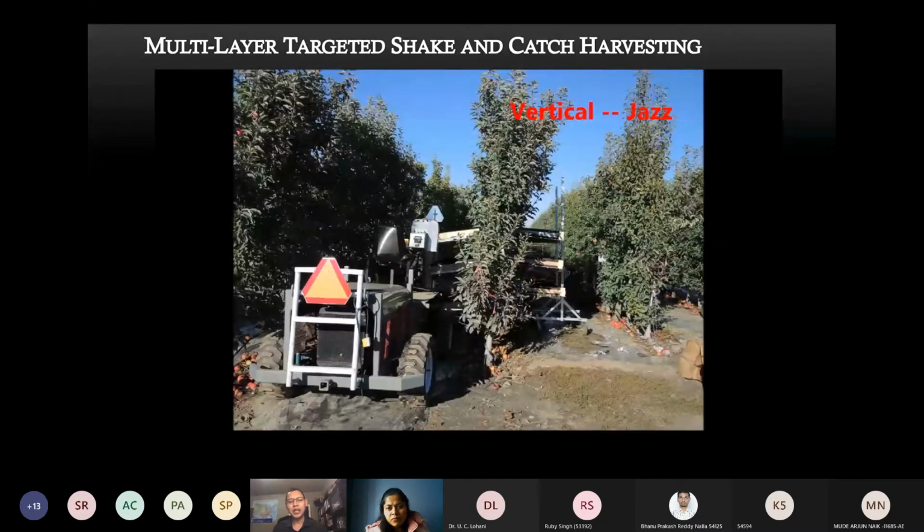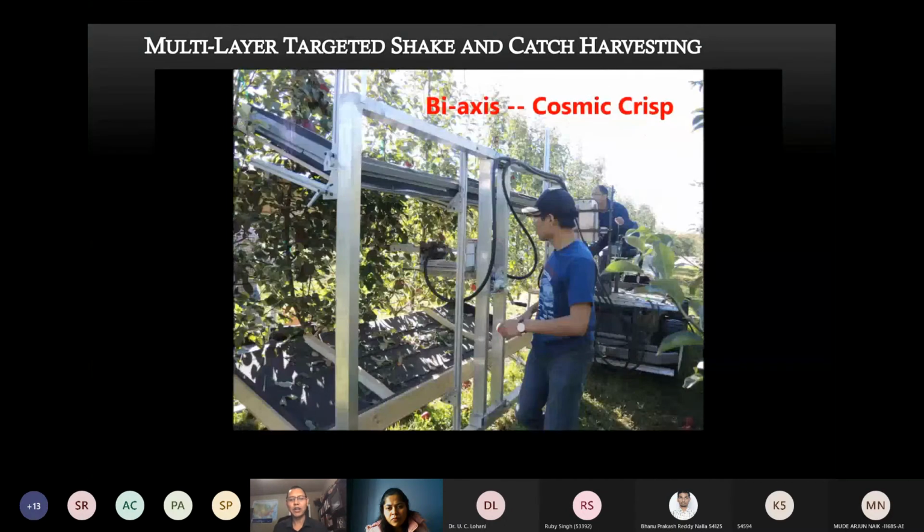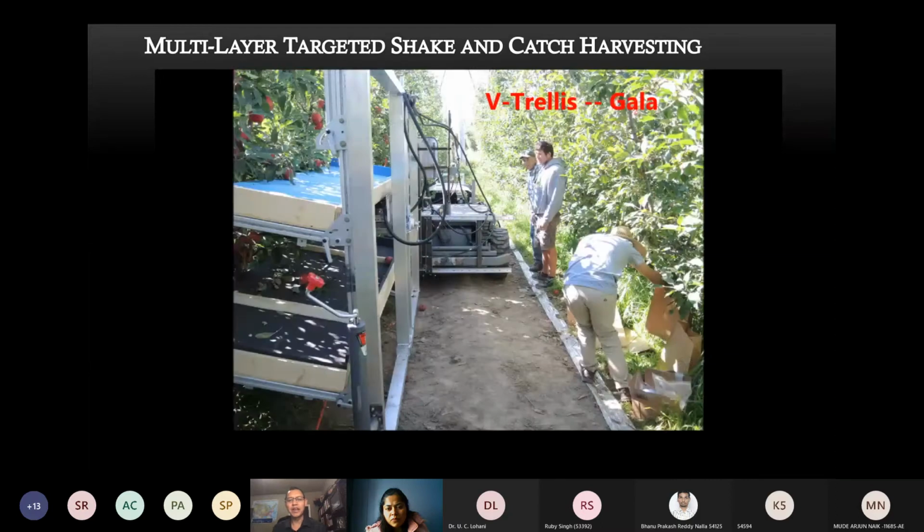So anyway, we have achieved really good harvesting and fruit quality outcomes with this machine for certain varieties. This is really dependent on the variety, because some varieties are really susceptible to impact, whereas others are slightly tougher. And this system is working quite well for a couple of varieties such as Jazz and Envy, I believe, and there are certain issues with other varieties such as Gala and Honeycrisp.